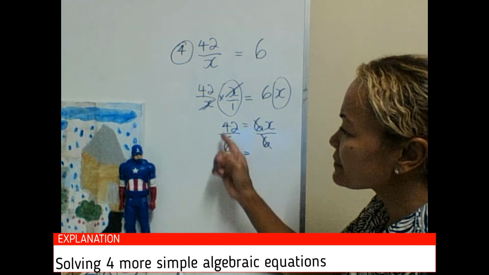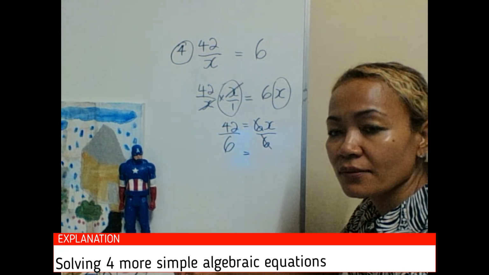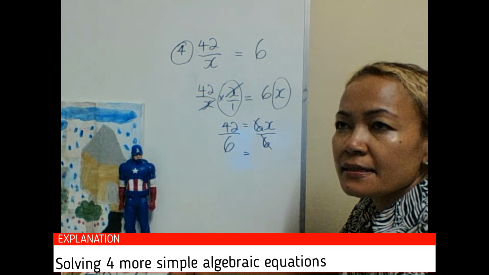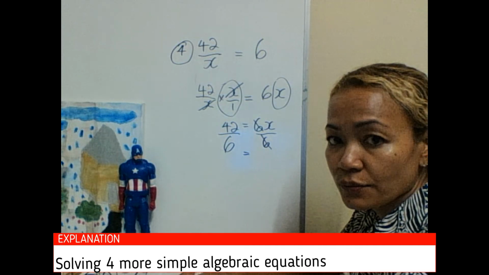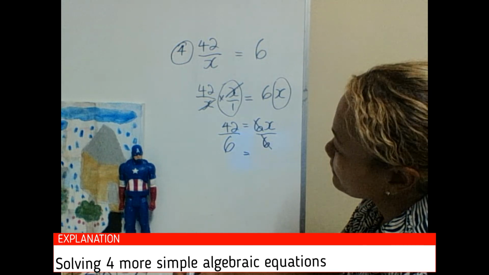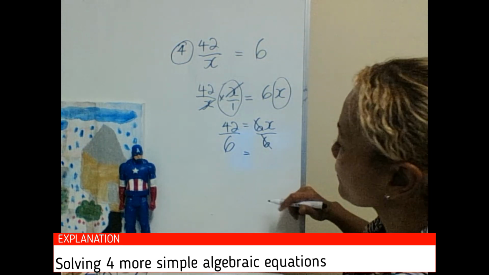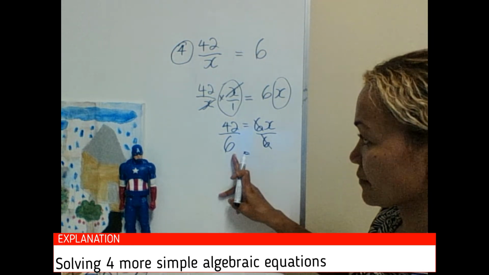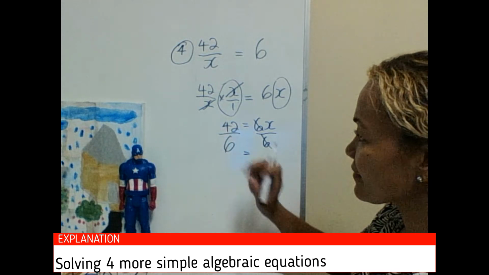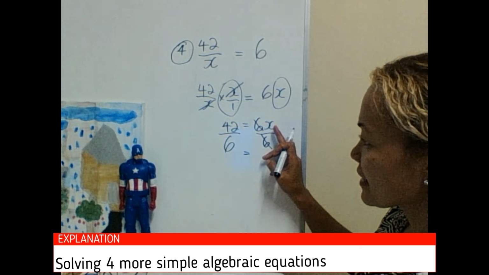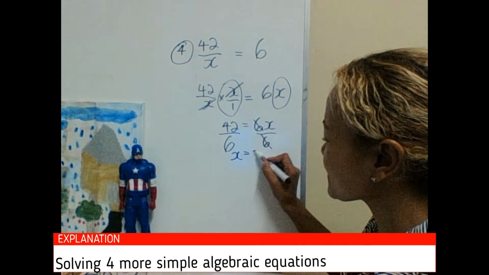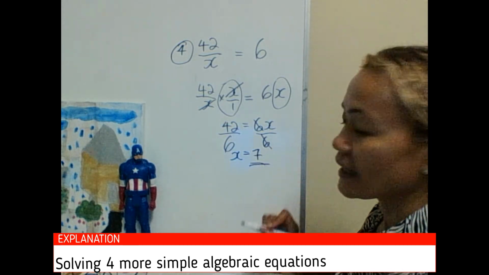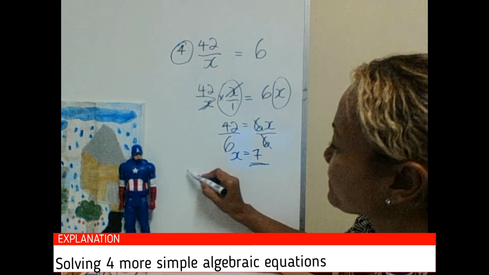So it means 6 times something equals 42. 6 sixes are 36. 6 sevens are 42. Right? So this is actually 7 and this side is x. So we just flip it. So x equals 7. But we still test.